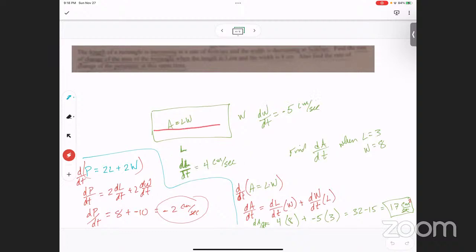So if you ask for dA/dt when the length is 10 and the width is 15, that's a totally different answer, because that was at an earlier point when the rectangle was bigger. The area was changing at a different rate than when the rectangle was smaller, like this. Do you get what I'm saying?